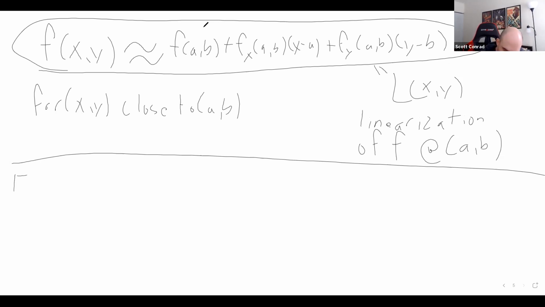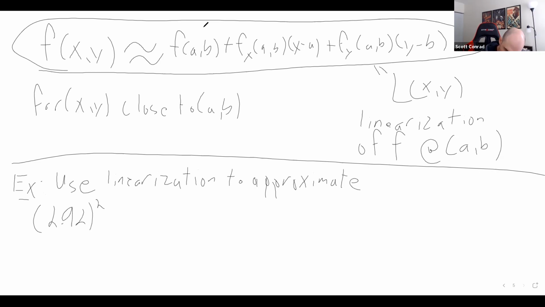So here's an example of what this often looks like. Let's use this process to approximate the following: 2.92 squared times the square root of 4.08.